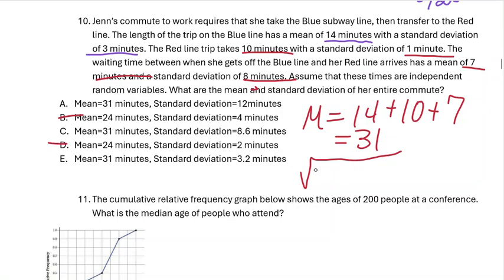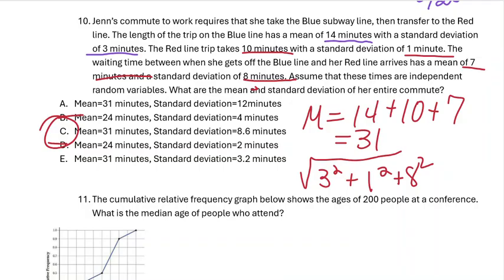So it's going to be 3 squared plus 1 squared plus 8 squared. And if we do that with the calculator, we end up getting 8.6. So the answer comes out to be C.